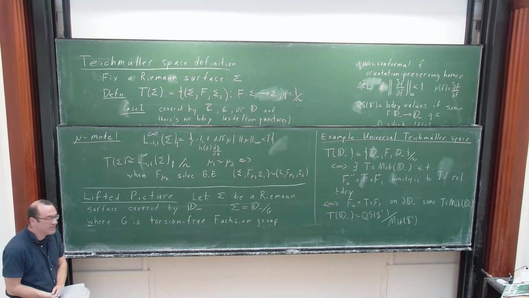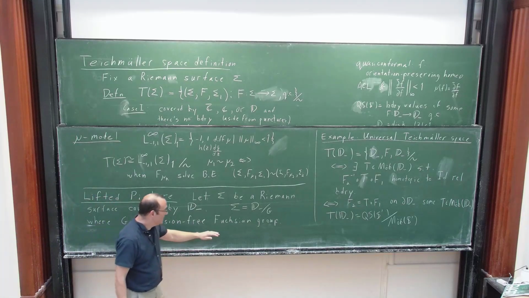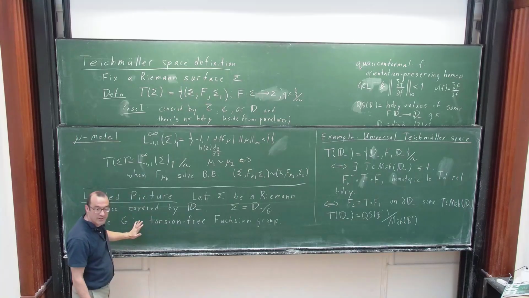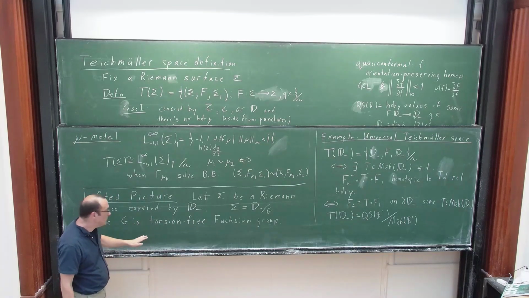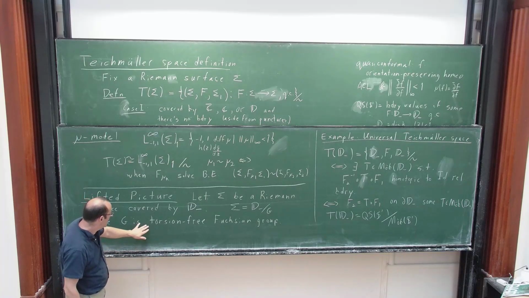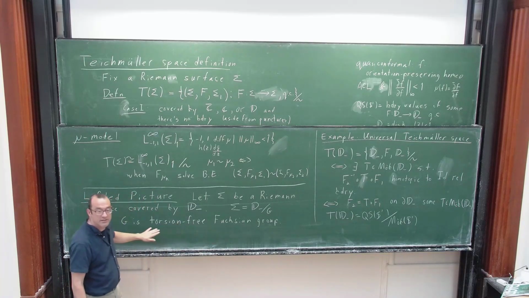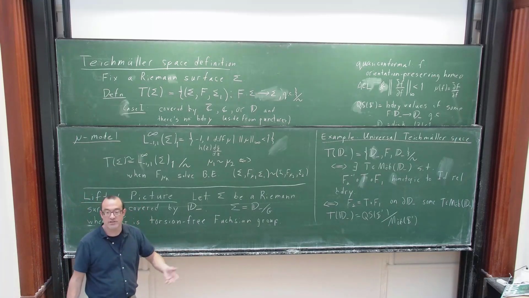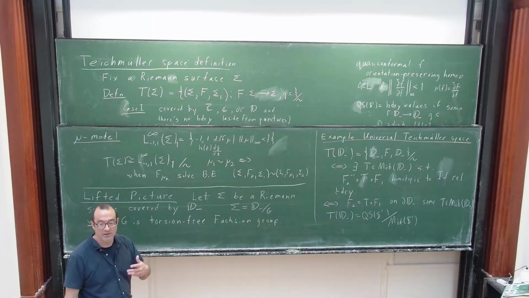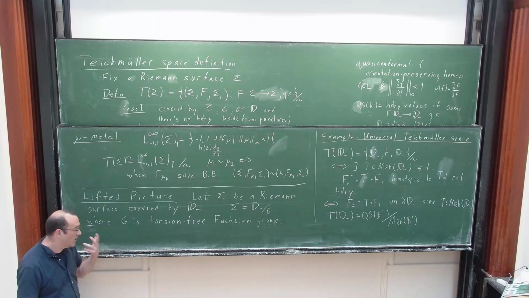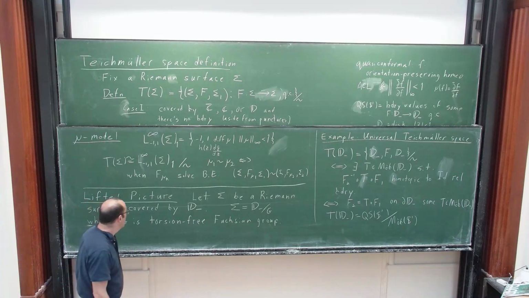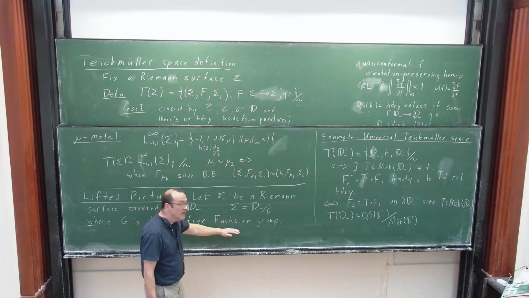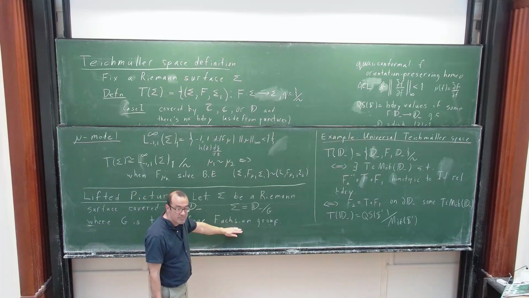Okay, what this means, the short version, if you don't want to know all the terms, which is a reasonable thing to do especially in a short talk, is that it just acts discontinuously. So that this is a nice quotient. The quotient is a manifold. It's a Riemann surface. It's not a branch cover or anything like that. If you care, watch out for the definition of Fuchsian group. It's not universal.